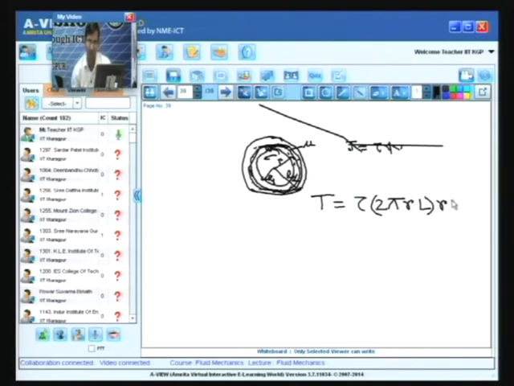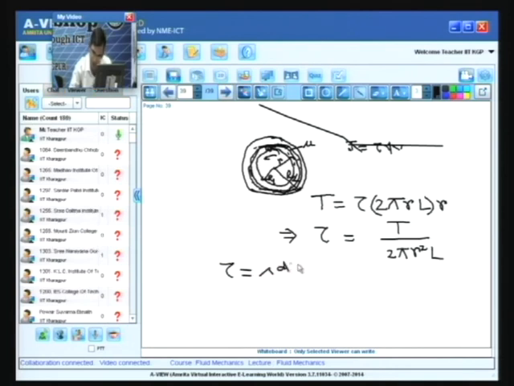From this you get the shear stress. Now again, the shear stress from Newton's law of viscosity, you can simply apply tau as mu times the velocity gradient.